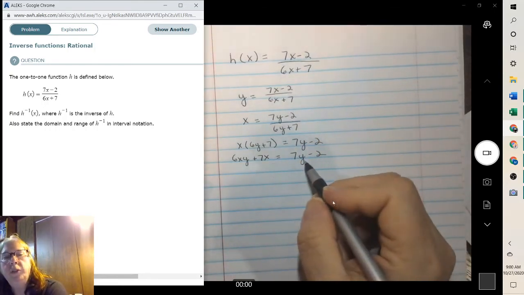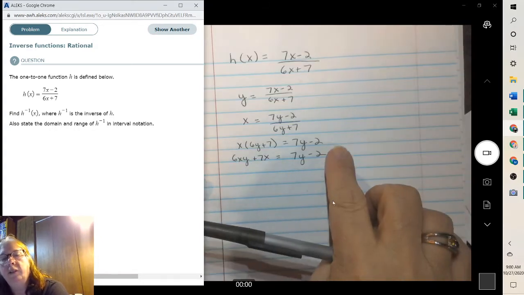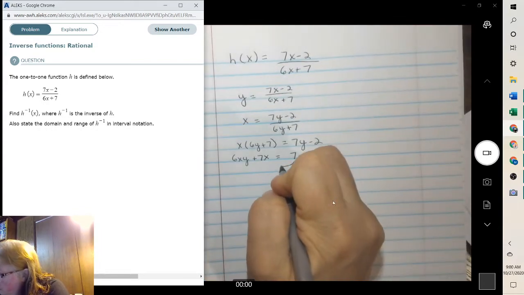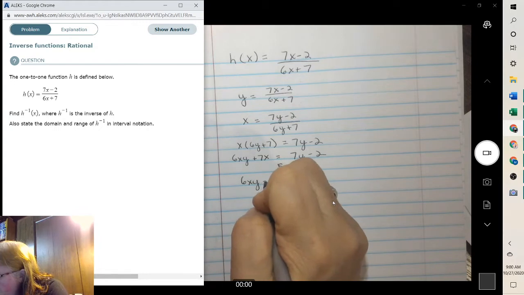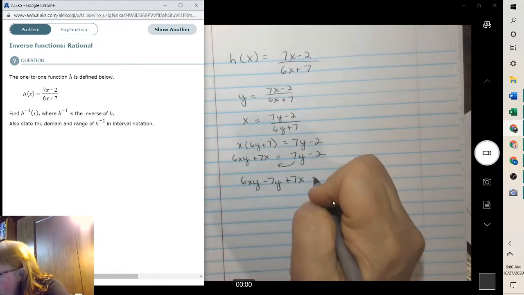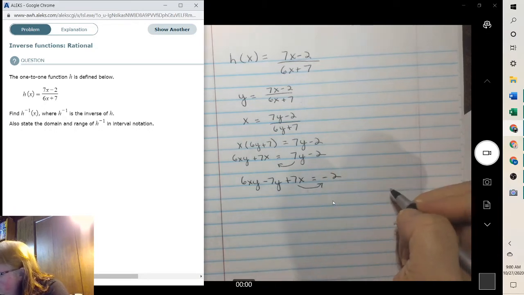Now notice we have two y's, so we need to get the y's on one side and get the 7x on the other. So I'm going to move this way. I'm going to move this one this way.